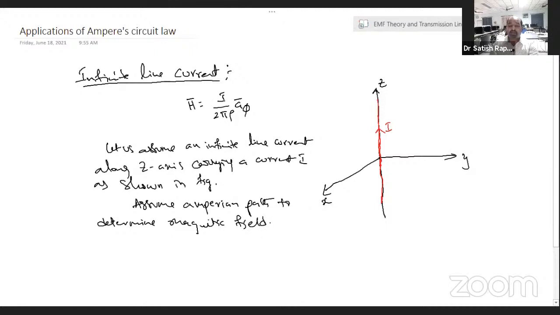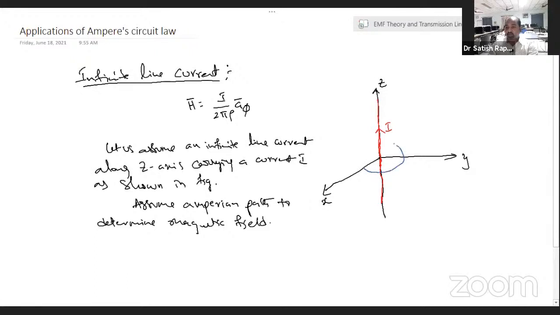What is meant by Amperian path? It is just like a Gaussian surface, an imaginary Gaussian surface. Similarly here, an imaginary Amperian closed loop. So to determine the magnetic field due to an infinite line current, let us assume an Amperian path.